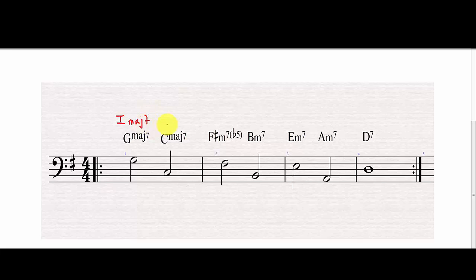This is chord 4, obviously G, A, B, C, so this makes chord 4. Chord 4 is a major 7th chord in the key of G, so put that down as 4. Notice I'm using Roman numerals, which you should do, and obviously again major 7.